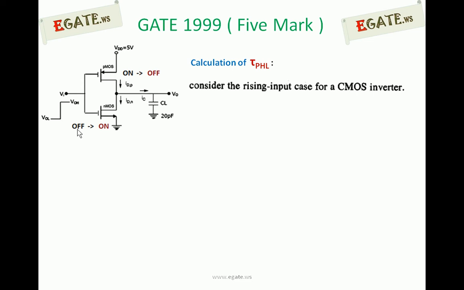Under steady state, the capacitor charges through this PMOS towards VOH. The maximum voltage stored by this capacitor is 5 volts, which is treated as VOH. So whenever V input is VOL, V0 is at VOH.